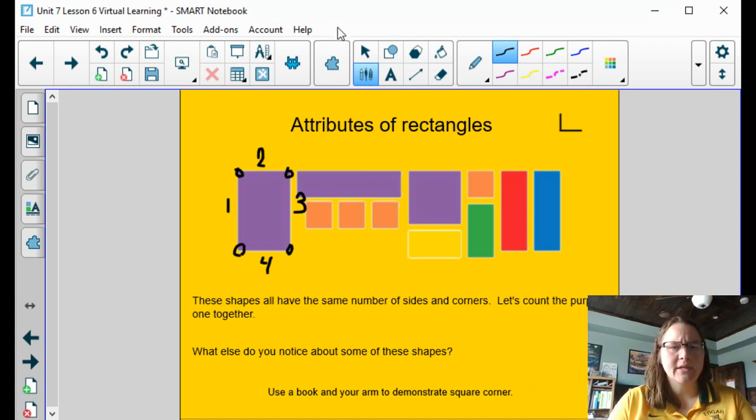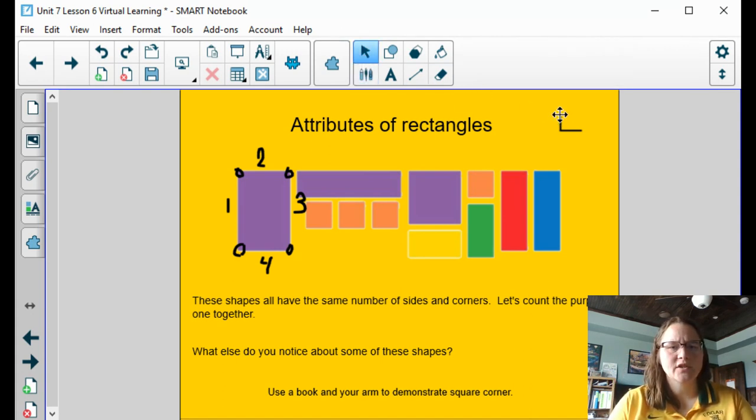I want to tell you something else about rectangles and squares. Miss Tatsky's got this little L shape here. If I put that L shape right in the corner, we call that a square corner because it goes straight up and straight down.